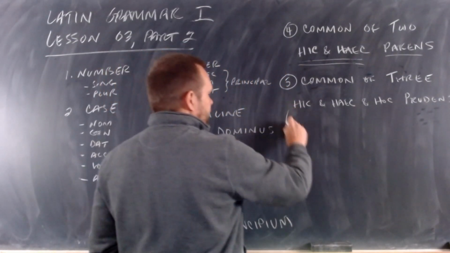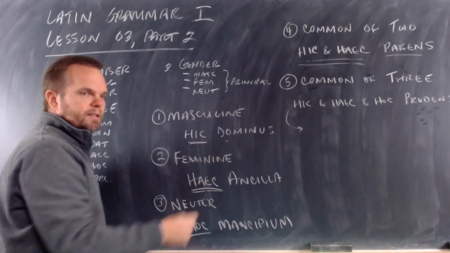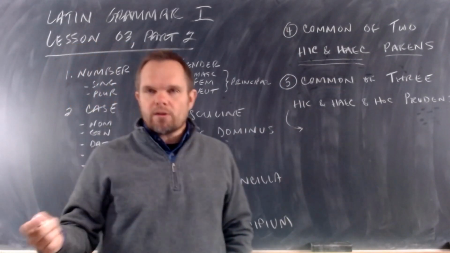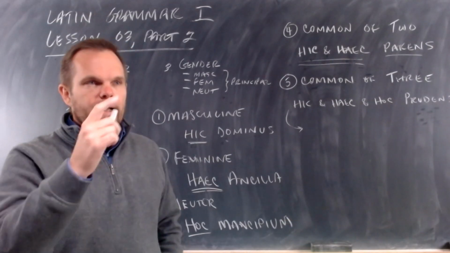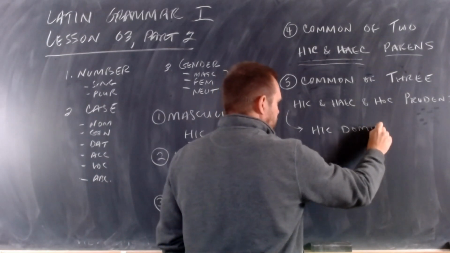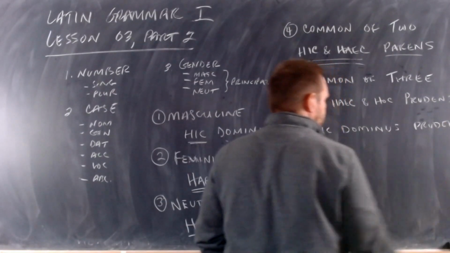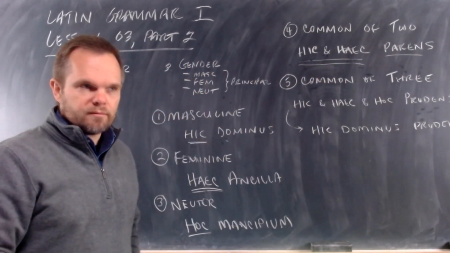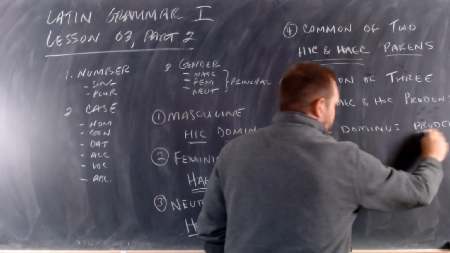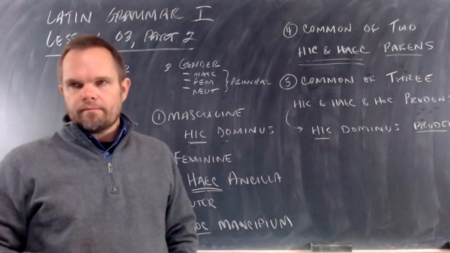So to explain this, we had hic dominus, which means the man, or this man, right? This Lord, sorry, this Lord. If we want to say this wise Lord, the wise Lord, we could write hic dominus prudens. That would say the wise Lord, right? The wise master. And notice we have hic prudens. So prudens there is masculine. You following me here? All right?